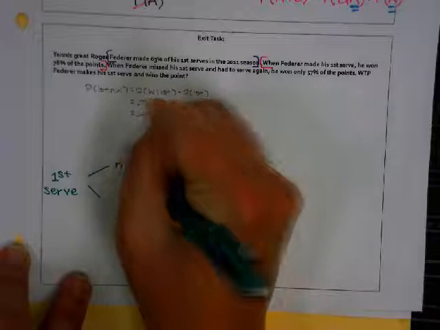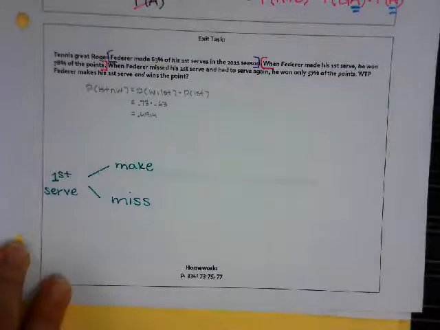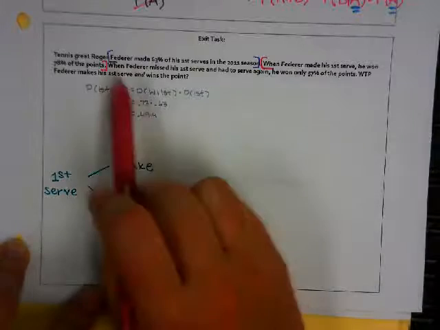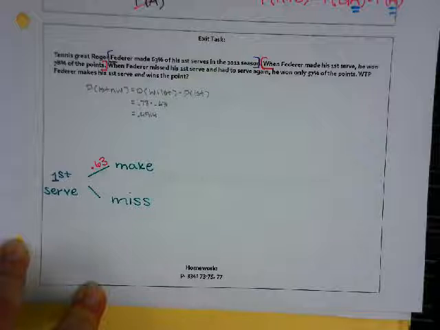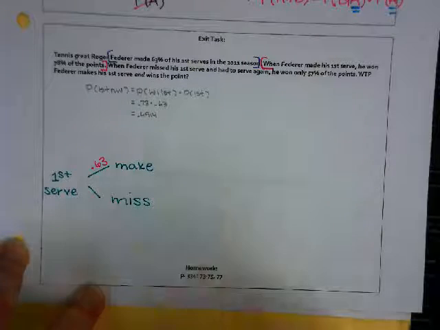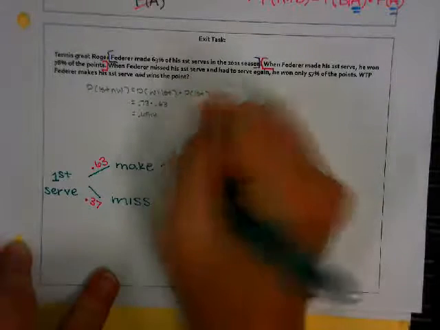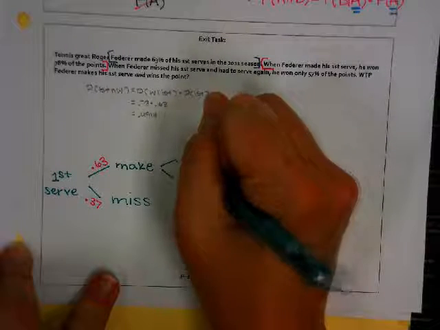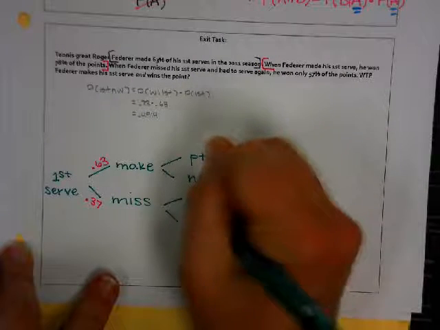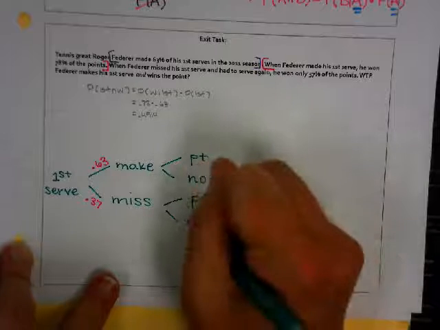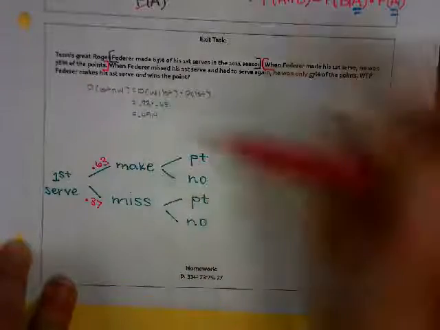It tells us he makes it 63% of the time, which means what percent is he missing? 0.37. And then from there, he either wins the point, I'm just going to say point or no point. And same thing when he misses his first serve. He either gets the point or he doesn't. And it tells us that he makes his first serve and wins the point 78% of the time, which means he makes and doesn't win the point 22% of the time.